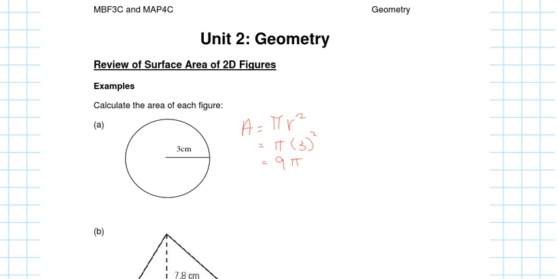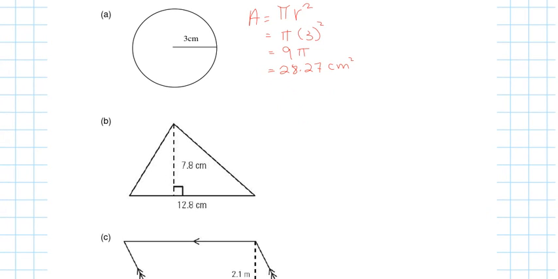So if you do 9 times pi, what do you get? 28 point. And what would be your units? Centimeters squared. Okay. Found it? All right. Okay? So make sure you're able to find it. Again, if you're not, call me and I'll come and help you.